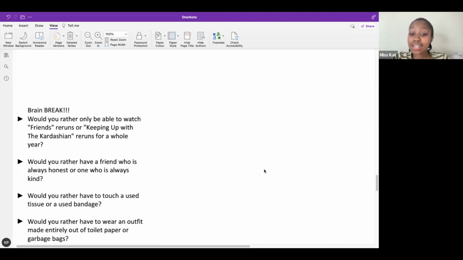You know how hot it is. Oh, it is, but I'd rather just go for garbage bags. But imagine someone steps on your toilet paper dress, how do you... Oh my word, garbage bags.